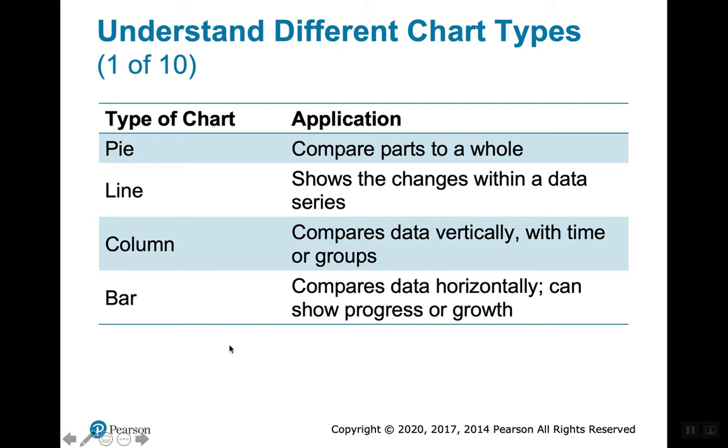Column charts compare data vertically, broken out by times or groups. Or a bar chart, which compares data horizontally. So the difference between a column and a bar chart: column charts are vertical, bar charts are horizontal. And the idea around a bar chart is we can show progress or growth. This is a representation of that.